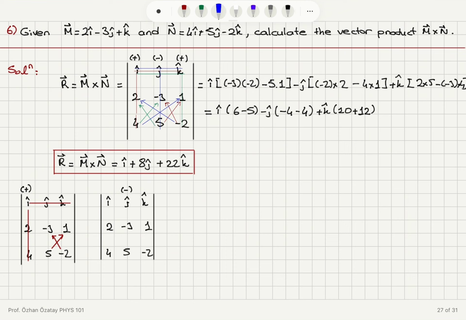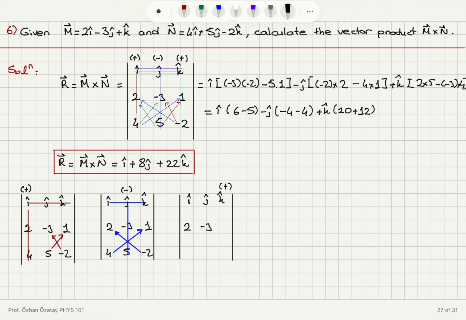I crossed out the first row and the second column, and then I calculated 2 times minus 2 and subtracted from it 4 times 1. And in the third step, I calculated the contribution from k hat, which is positive k hat.